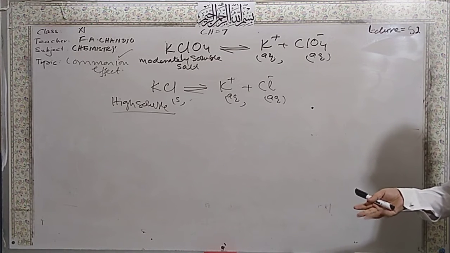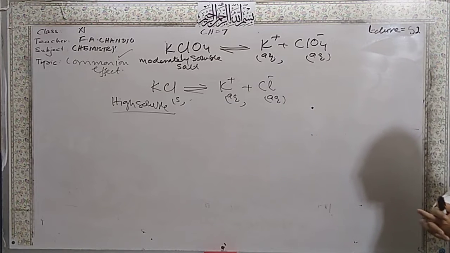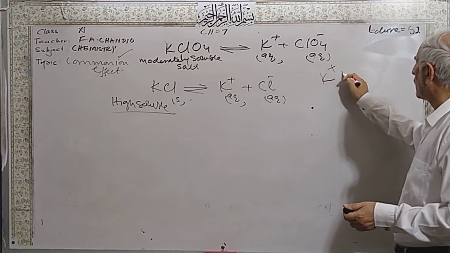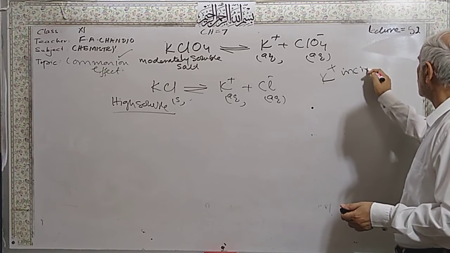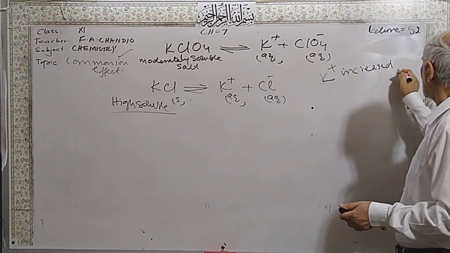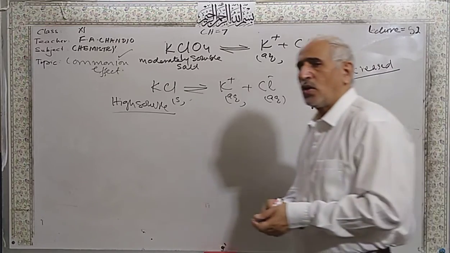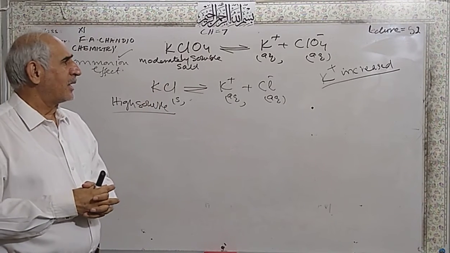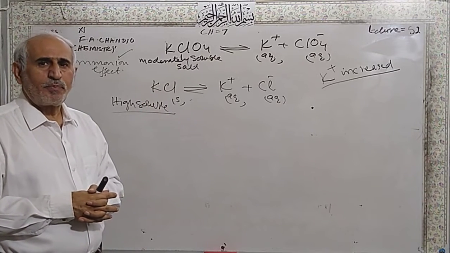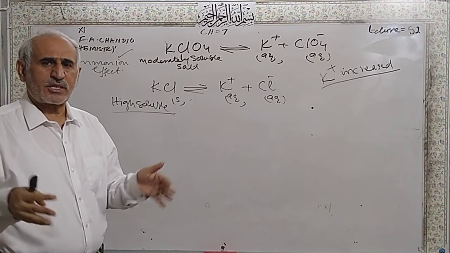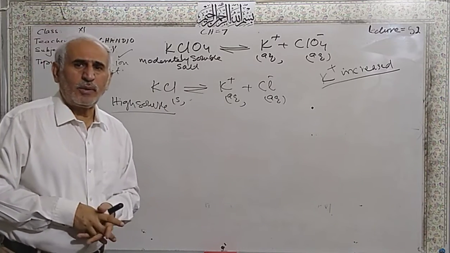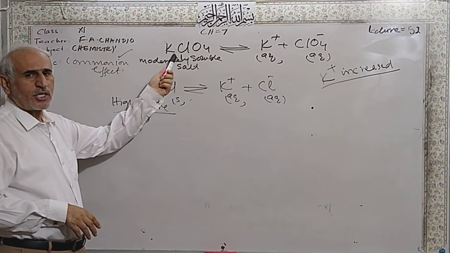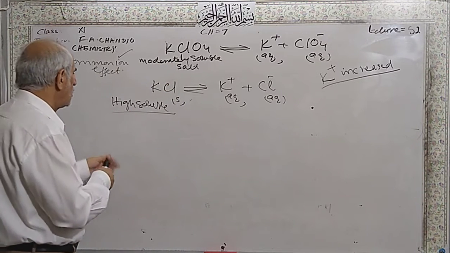If I mix these two solutions together, the concentration of potassium ions, which is the common ion, is going to increase, and it suppresses, decreases, the solubility of the less soluble, moderately soluble, weak electrolyte.